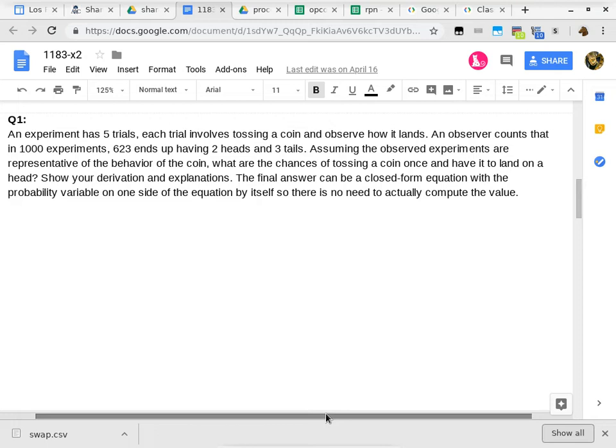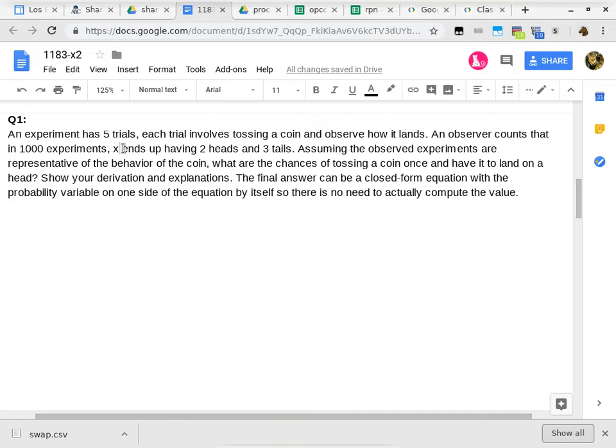So instead of 623, we'll just say that it is x. Now your solution only has to be expressed in terms of x, 1,000, and using binomial distribution as your tool to figure out the actual chances of tossing a single coin one time.